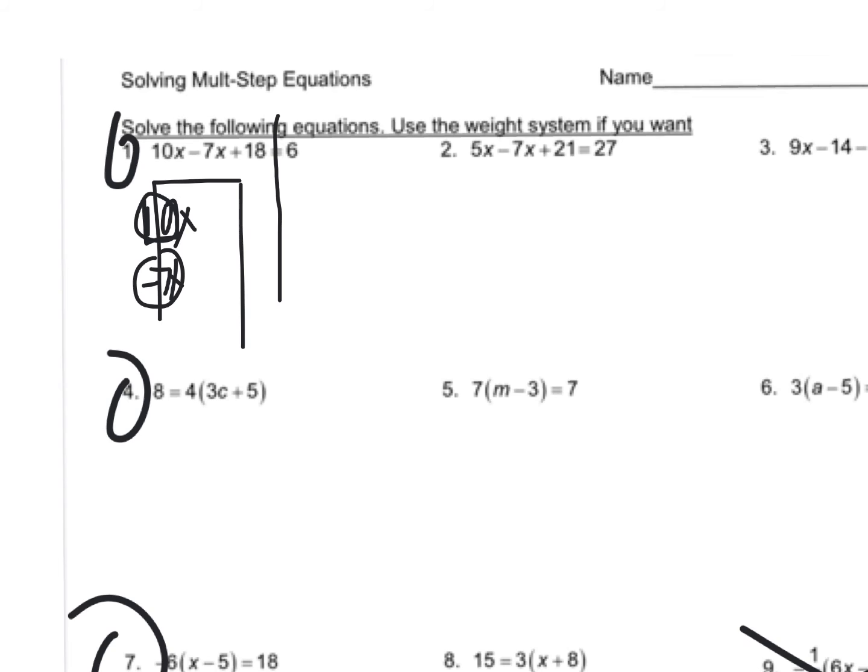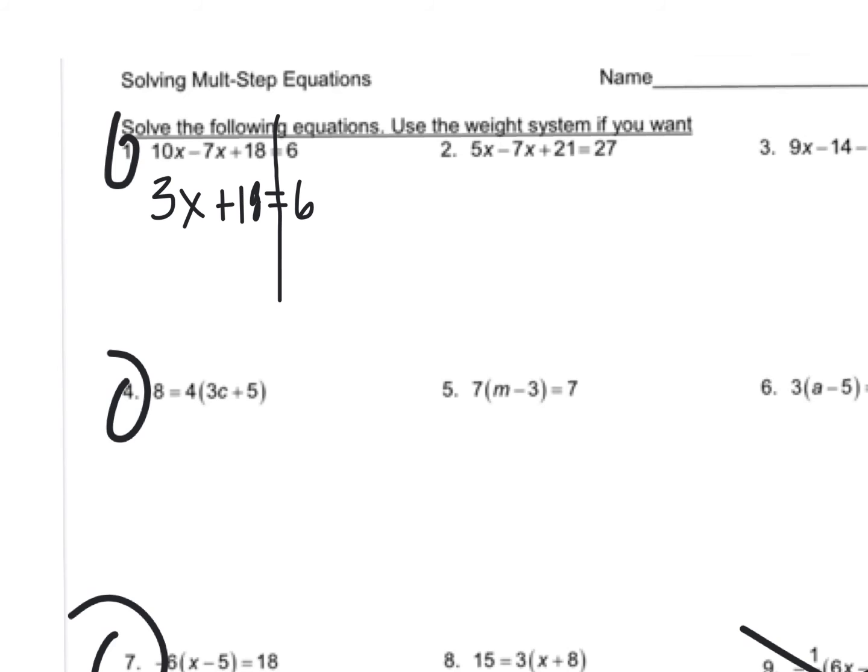And those would just simply combine for taking 7 x's away. You can think about that like 10 floats of x's and 7 anchors of x's is another conceptual way you can think about it. That's just simply 3x plus 18 equals 6.